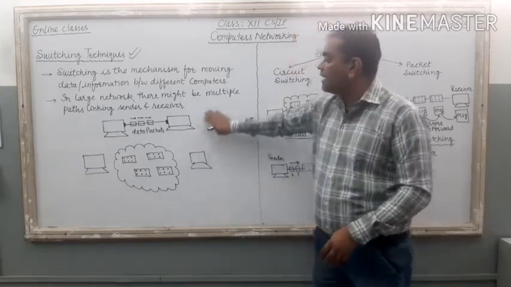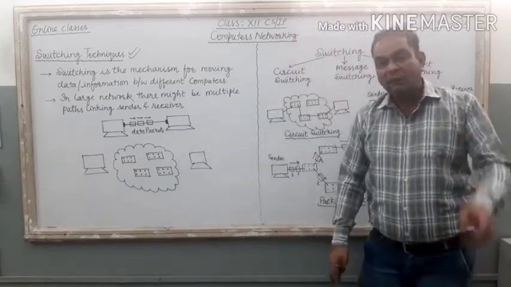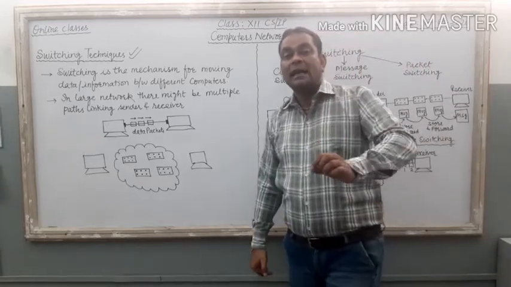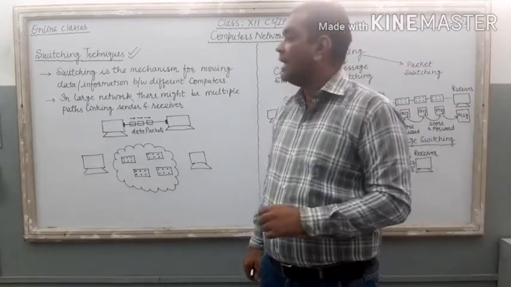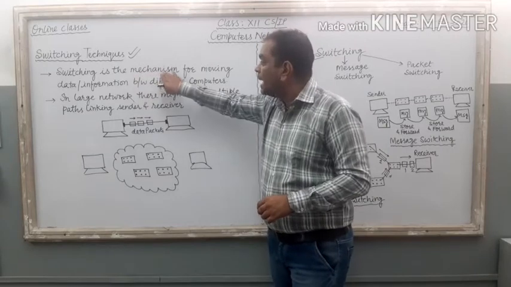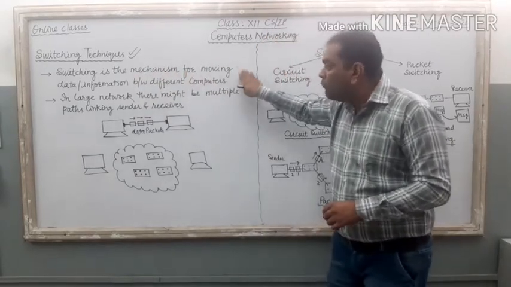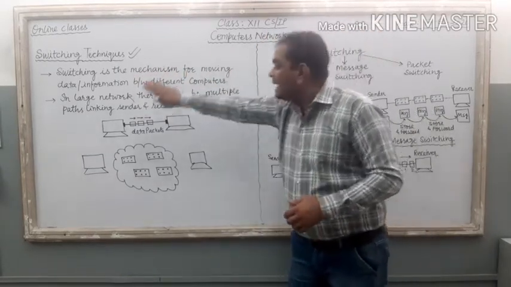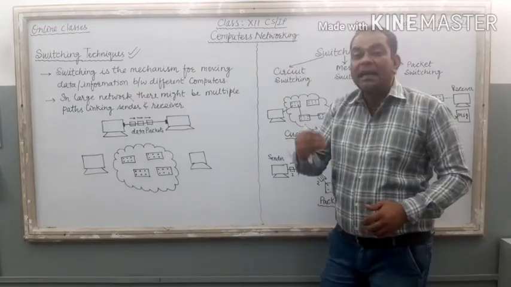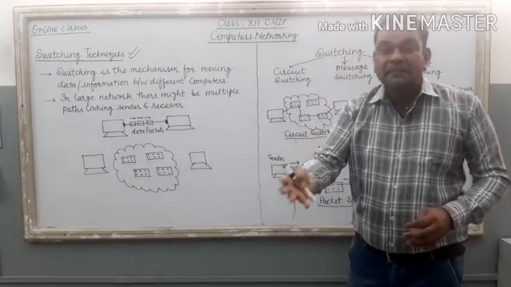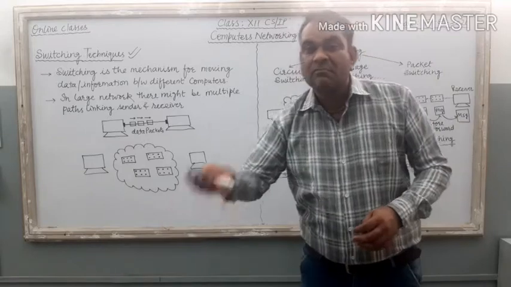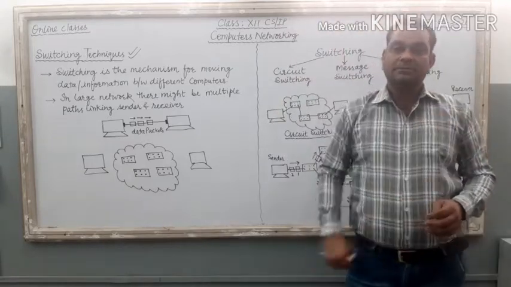Just see, two different diagrams are there on the board. Now very first, the definition of switching technique: switching is the mechanism for moving data or information between different computers, between different networks, between different nodes.